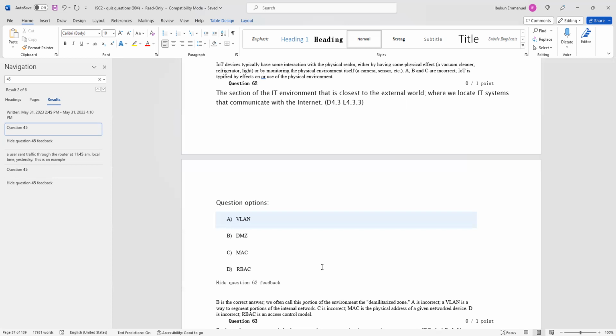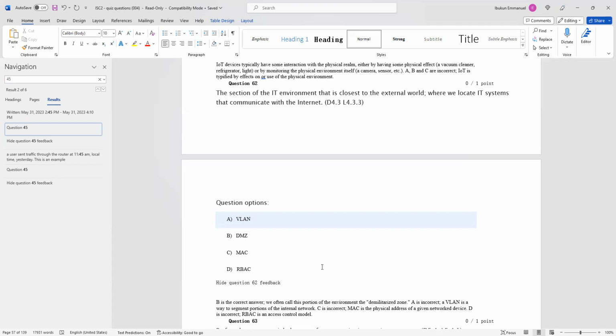So if it's a smart fridge, it will have a unique MAC address. A mobile phone will have a unique MAC address, the wireless card on the mobile phone, not the mobile phone itself, but the wireless card. As long as it is a network device, then it has a unique media access control, or MAC address, a physical address.